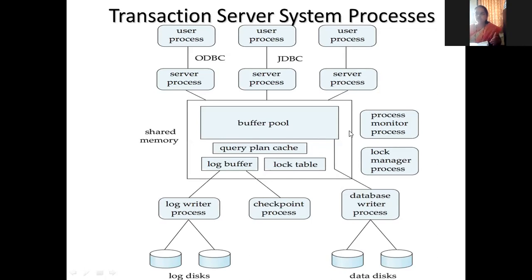If any one of the processes, such as the log writer process or the lock manager process, fails, it can retrieve and restore that data, find the problem, go to that particular checkpoint, perform the process again, and send the result back.